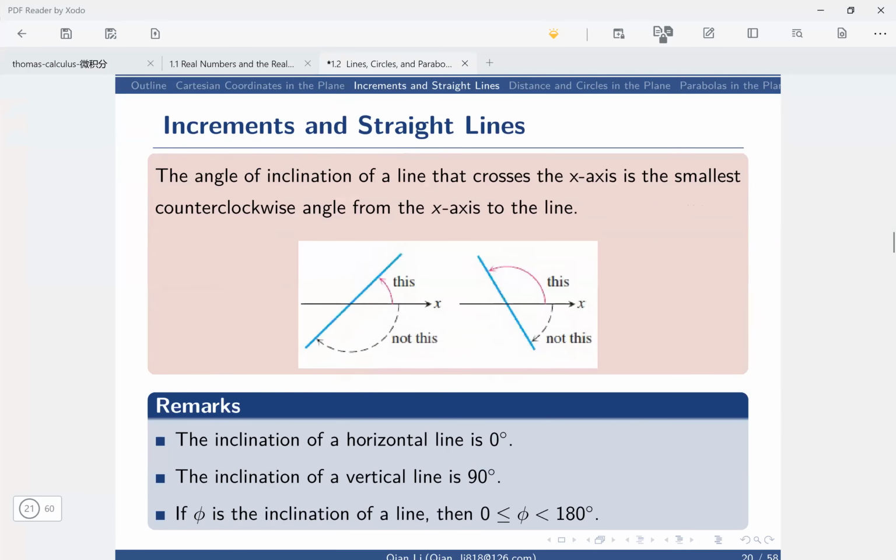Okay. Let's see the angle of inclination of a line. The angle of inclination of a line means, when the line crosses the x-axis, the smallest counterclockwise angle from the x-axis to the line.